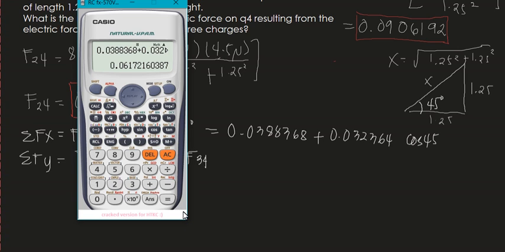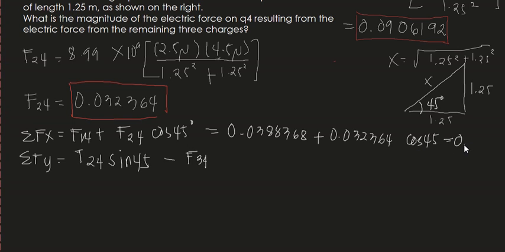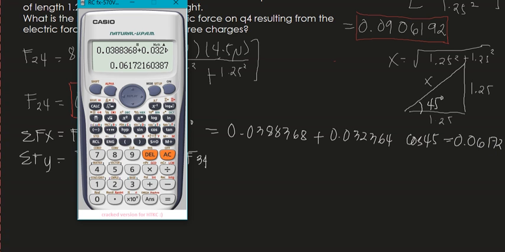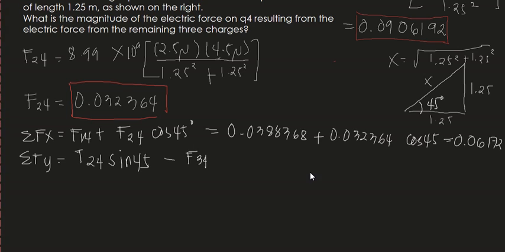So this is equal to 0.06172. So the summation of forces along x is 0.06172.